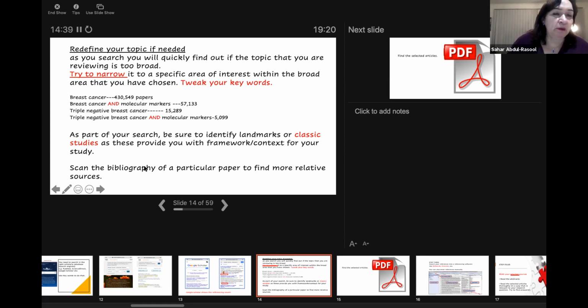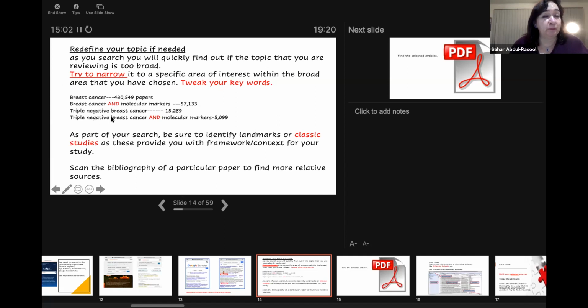If you are writing about breast cancer, the search engine will come back with 430,000 papers. If you add breast cancer and molecular markers, it will go down to 57,000. That's still a very big number of papers. You cannot read that much of papers to prepare a literature review.